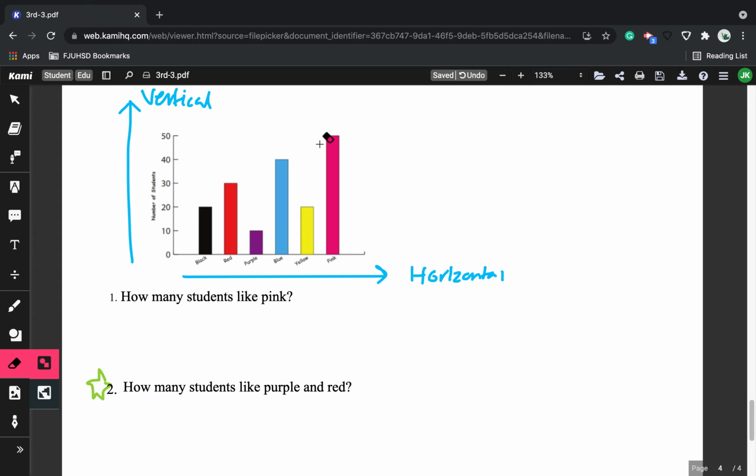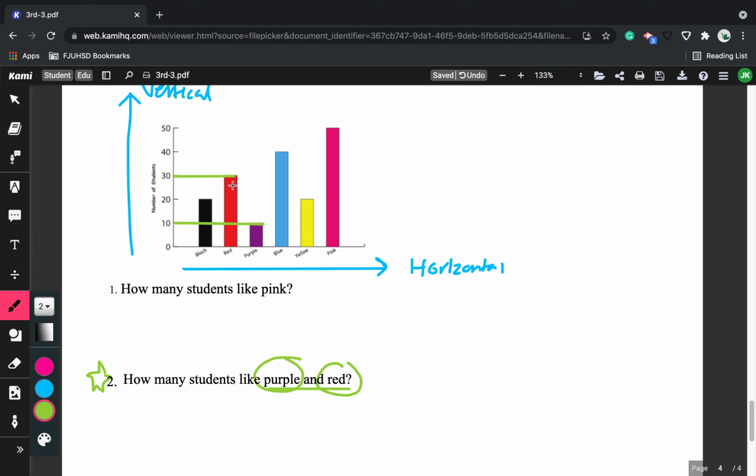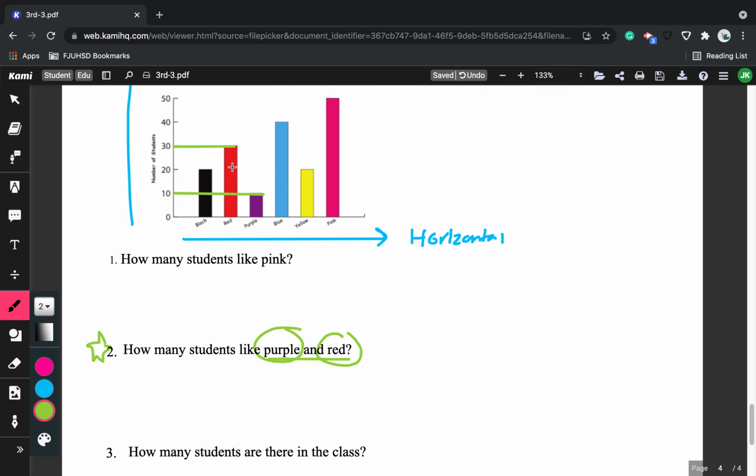See, this is why you should always read your questions. Purple and red. So look at purple and red. So what you do is that this column represents the amount of people that like that color.